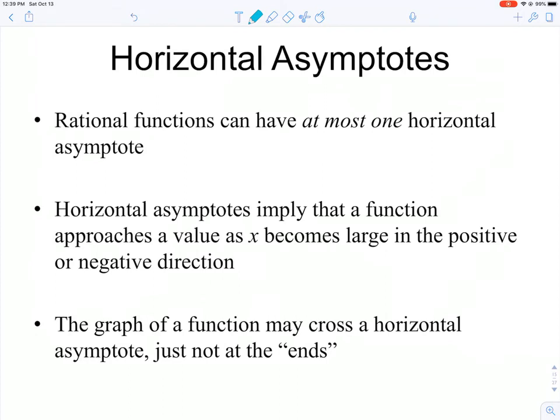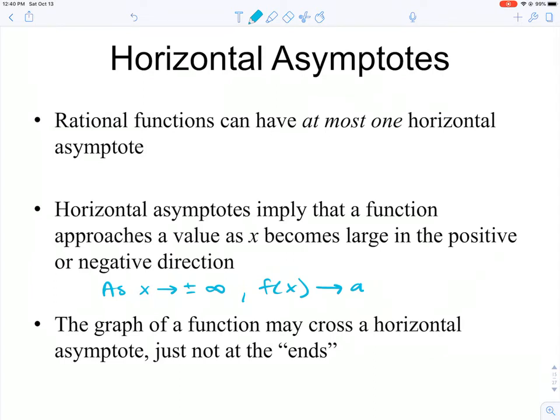But for rational functions, you will have at most one horizontal asymptote. You may have no horizontal asymptote. Horizontal asymptotes imply that a function approaches a value as x becomes large in the positive or negative direction. So basically, as x approaches positive or negative infinity, the function would be approaching some number. Let's call it a.